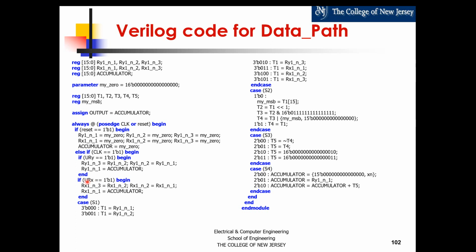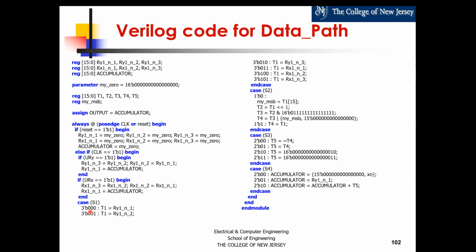If I'm updating the X registers, then n-3 gets n-2, n-2 gets n-1, n-1 gets the accumulator. Cases for the select signals. So this is S1, which was a 3-bit select signal.